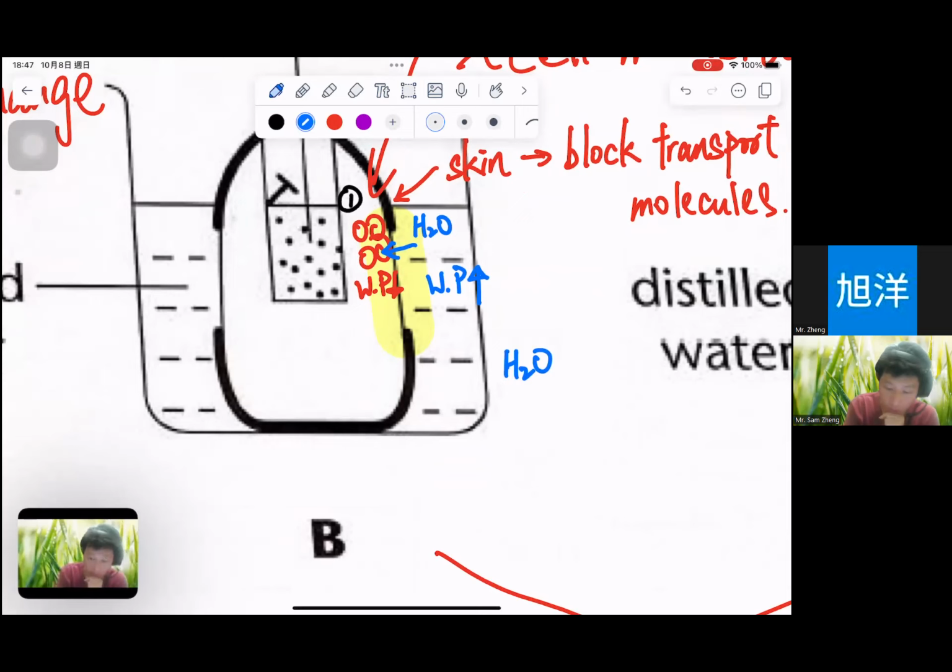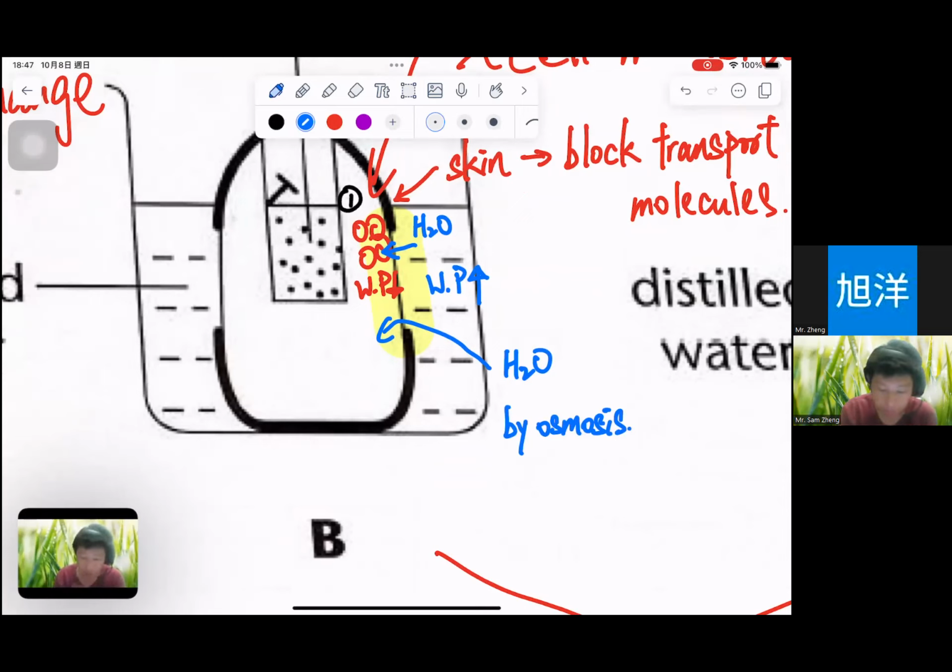Water molecules will move to the potato cell first, getting into it by osmosis due to the difference in water potential, or there will be a gradient of water potentials.